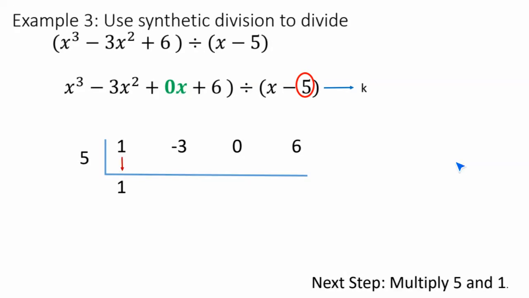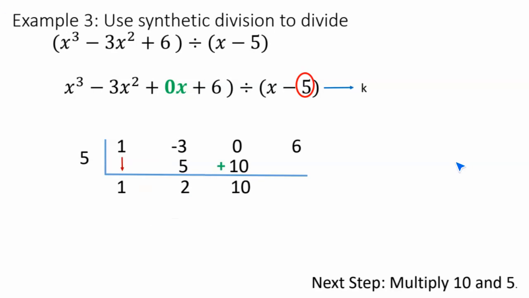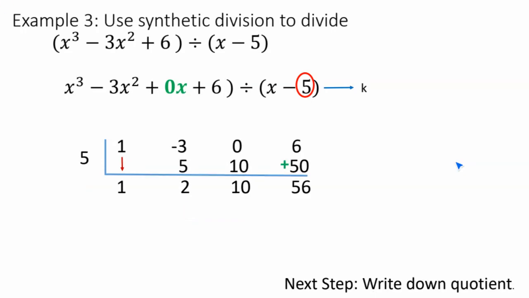We're going to multiply 5 times 1, gives me 5. So now I'm going to add negative 3 plus 5, which is going to be 2. Now I'm going to multiply 5 times 2, which will be 10. I'm going to add 0 plus 10 is 10. And then 5 times 10 will be 50. So I'm going to add 6 plus 50. It's going to give me the 56.